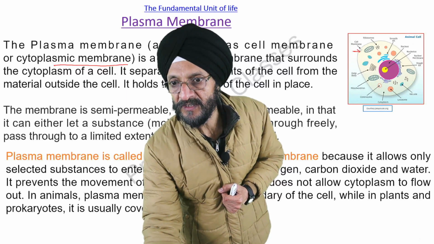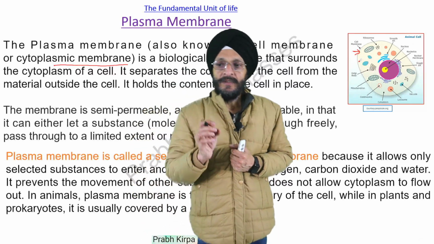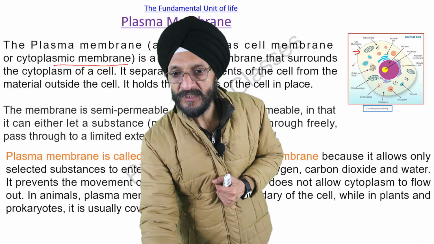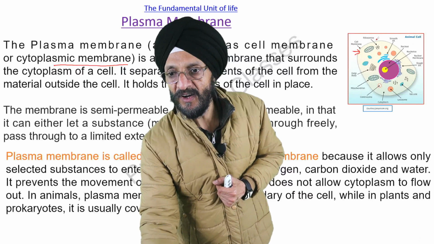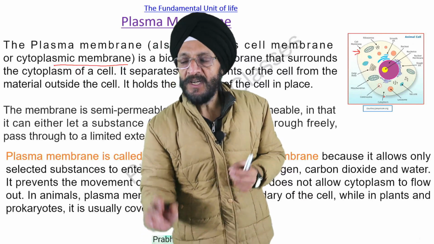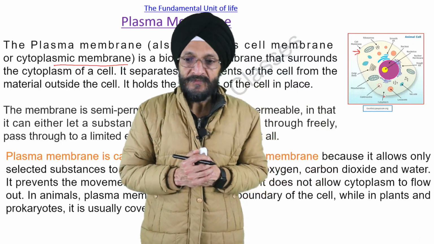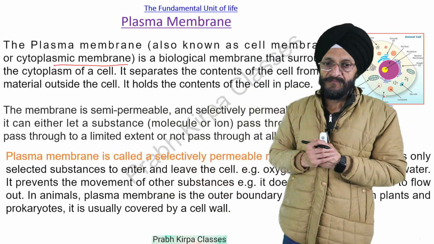This is the cell membrane which is of black color. It separates the contents of the cell from material outside the cell. You can see here that this wall keeps all the cell organelles within the cell. It holds the contents of the cell in place.